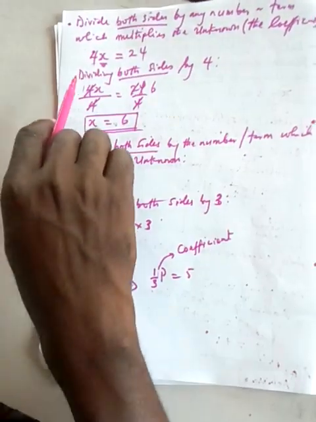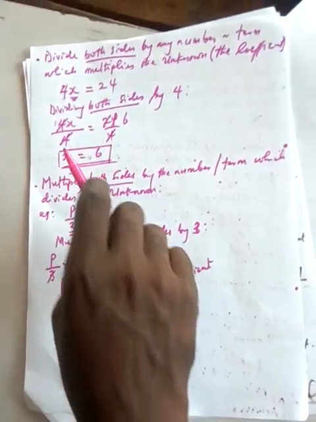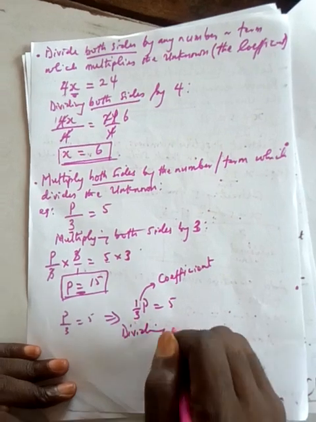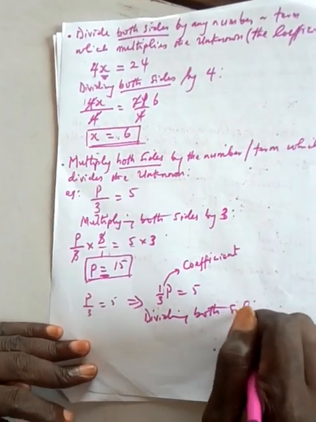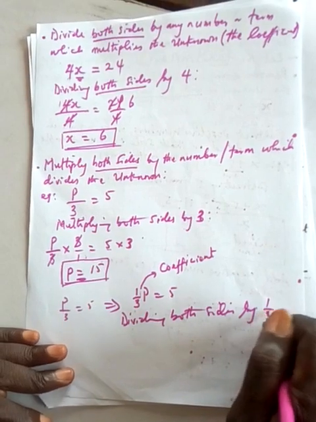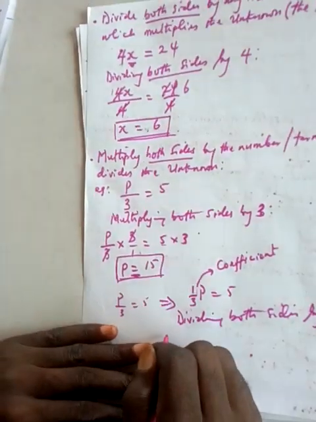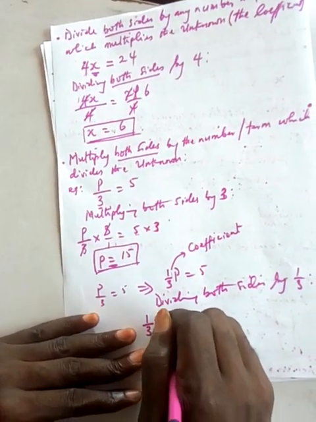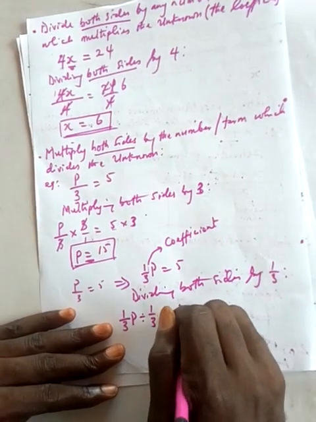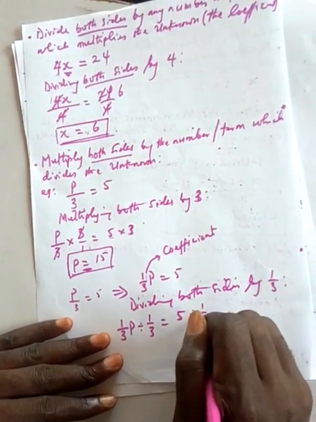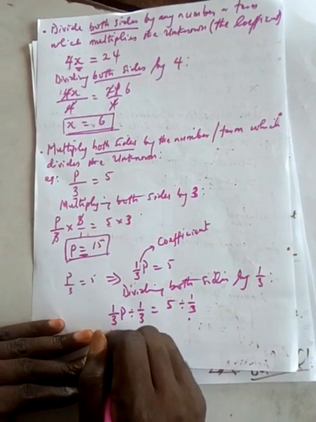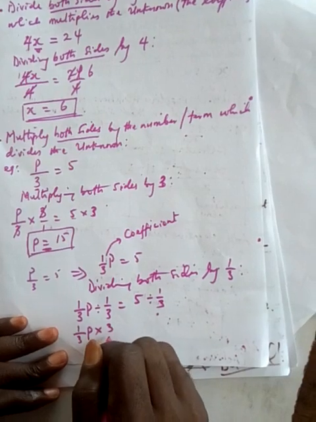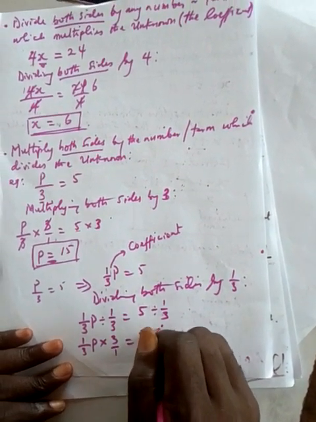So if you say on a more advanced level, dividing both sides, because it is multiplying, dividing both sides by 1 over 3, you will still be saying the same thing, because you will say 1 over 3 p divided by 1 over 3 equals 5 divided by 1 over 3. And we know in our mathematics, once we have stuff like this and change it to multiplication, it becomes 5 times 3 over 1.